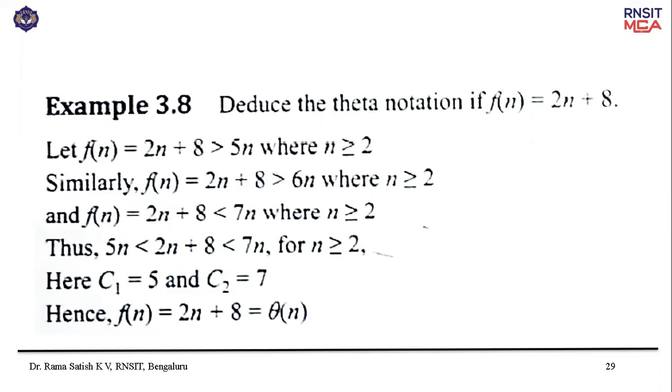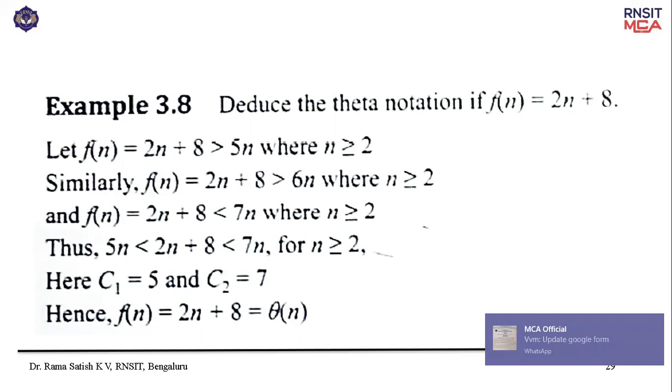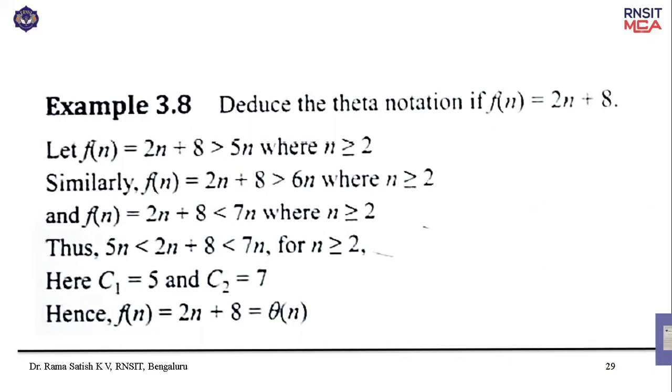In this case, what happens? 2 times 2 is 4, 4 plus 8 is 12, which is greater than 5 into 2, 10. So you can certainly consider n greater than or equal to 2. And of course, 2n plus 8 is also greater than 6n if you consider n greater than 8; in this case also, it is working fine.